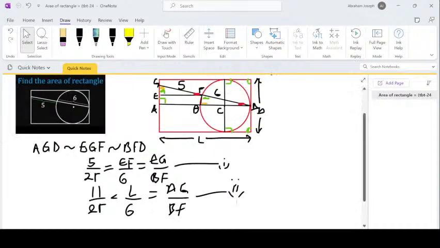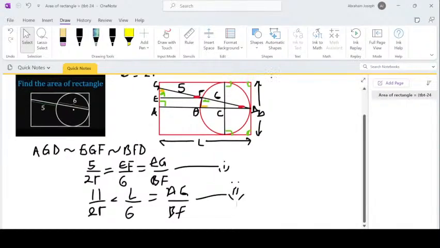Now let's compare AGD and EGF. So that's what I want to do now.